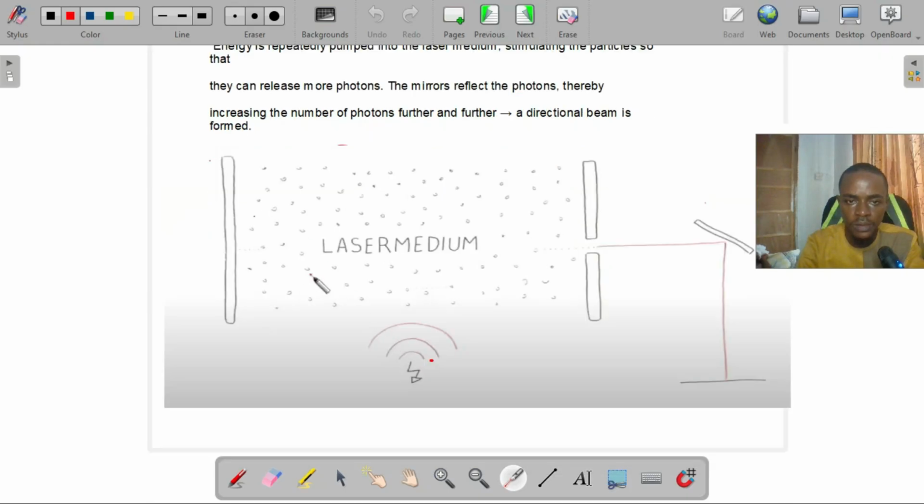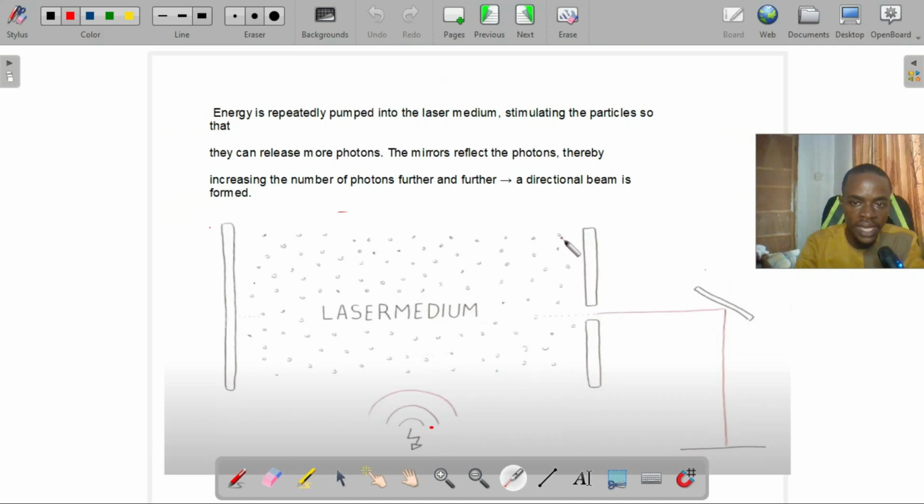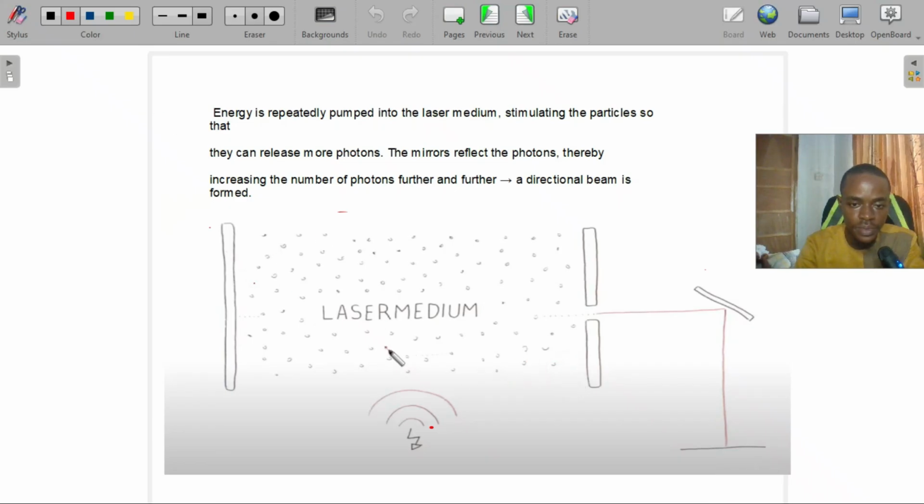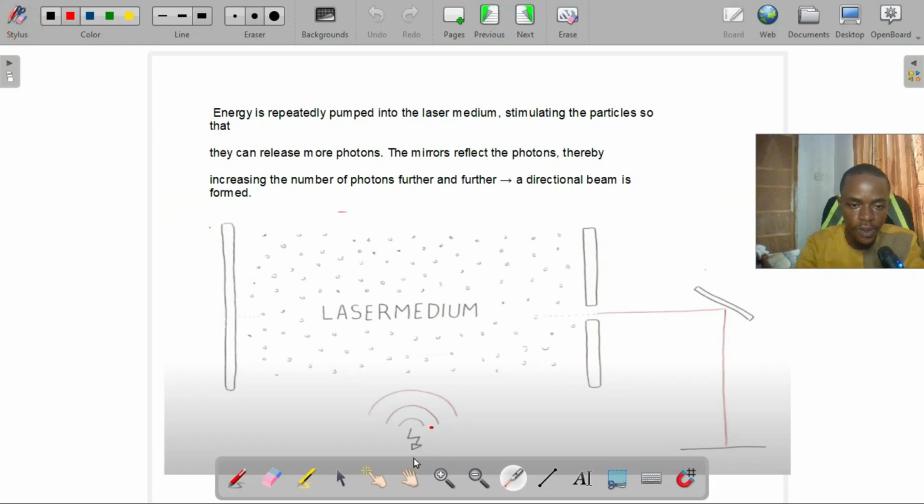So from here now, once these photons are being filled up with the help of these transmitted glasses, it also helps them to move around. So as this one is happening, others are also occurring. Now it is moving from this direction. Okay, so it's moving from all these directions, like this.